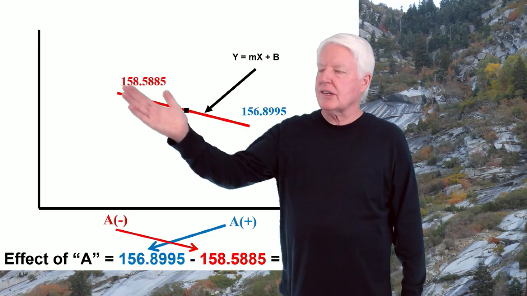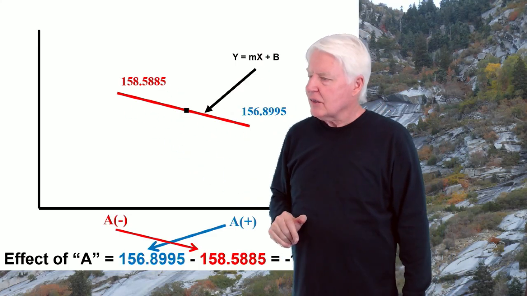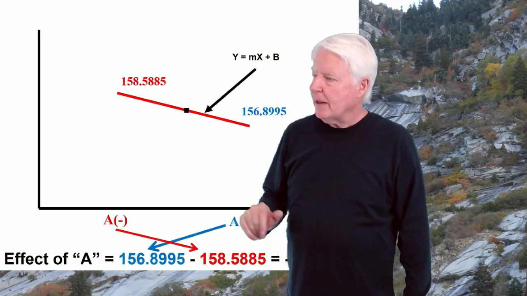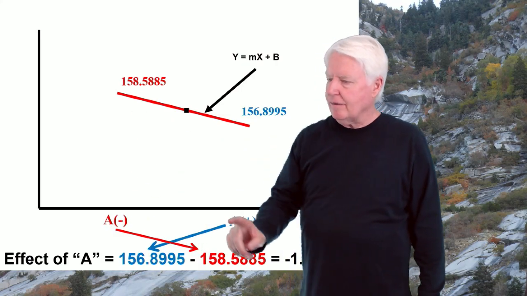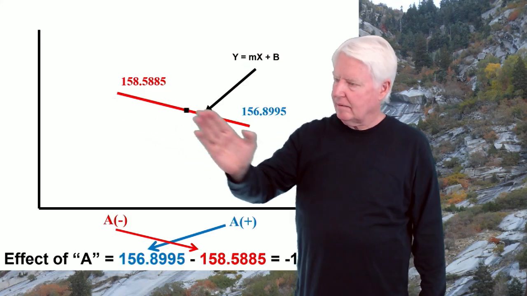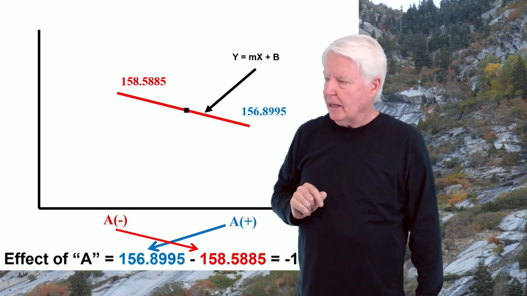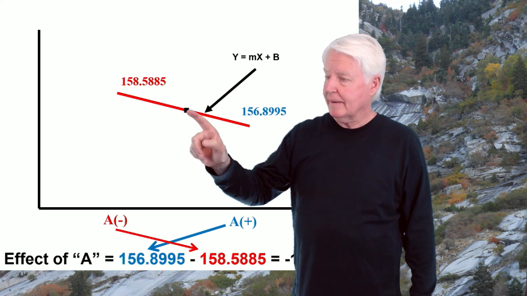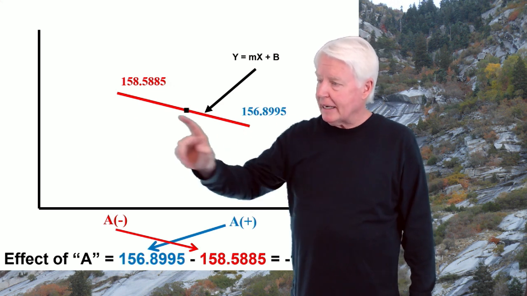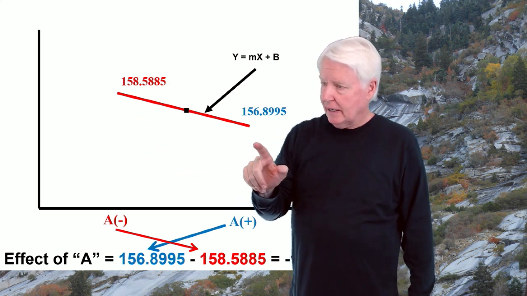So I use this example in two dimensions so you can see it easier. And this was factor A. A when it's negative, A when it's positive. Okay, negative slope here. And then in DOEs, you do a center point. Why? Because you're determining if this is linear or not.